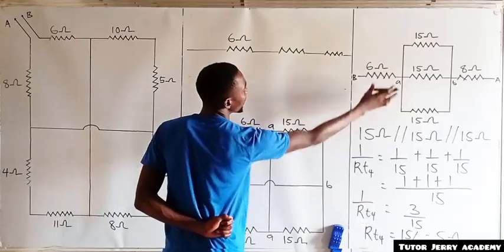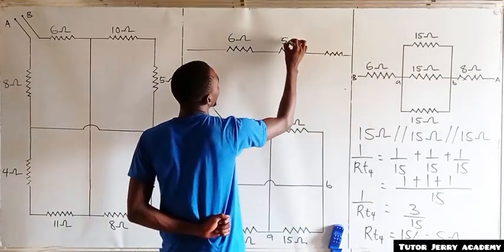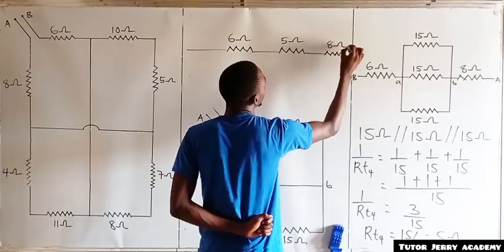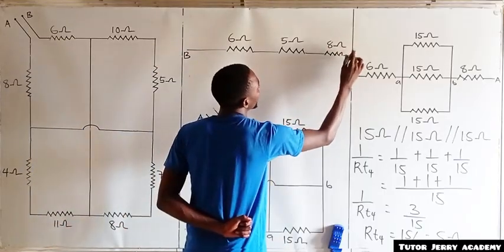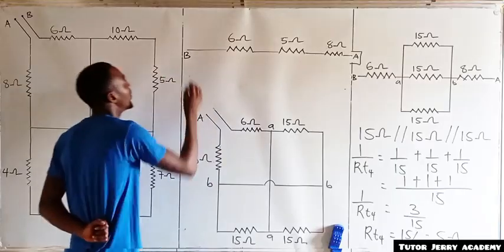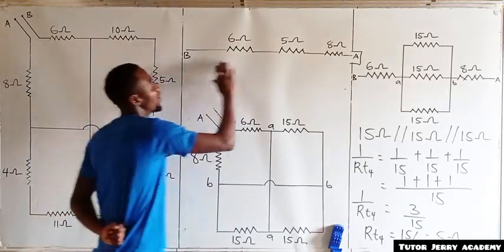Then everything that we have here, the combination of this, is 5 ohms, and then the other part is 8 ohms. So here is B, and here is our A. All right.